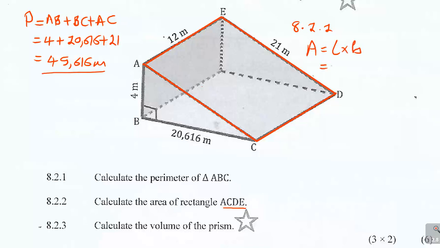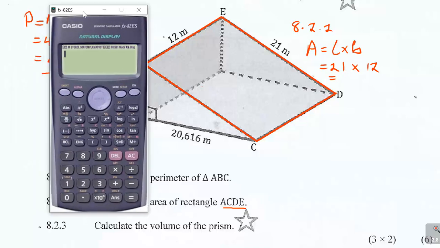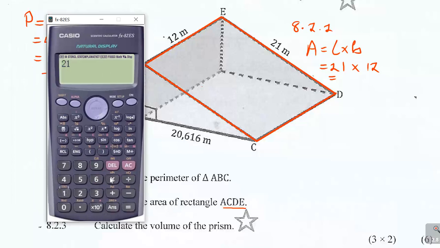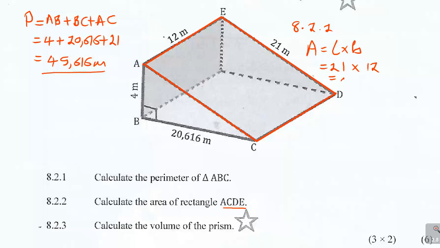It's up to you, which is 21. You can choose any number times 12. You can interchange them, it's the same, so it's 21 times 12. What is important is what you're multiplying, so 21 times 12 is 252 meters squared. Area is always in meters squared.